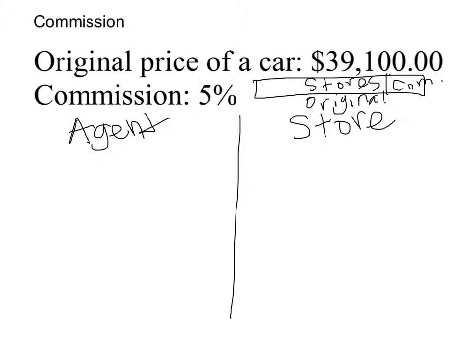I always start with our little proportion. Remember, it's actual over original equals percent over 100. So the percent, we're just going to use this number as it is. We're not going to add or subtract anything, just take it straight down.